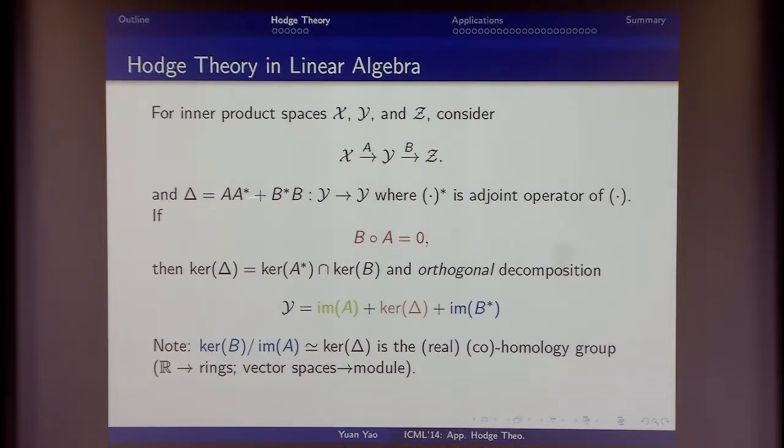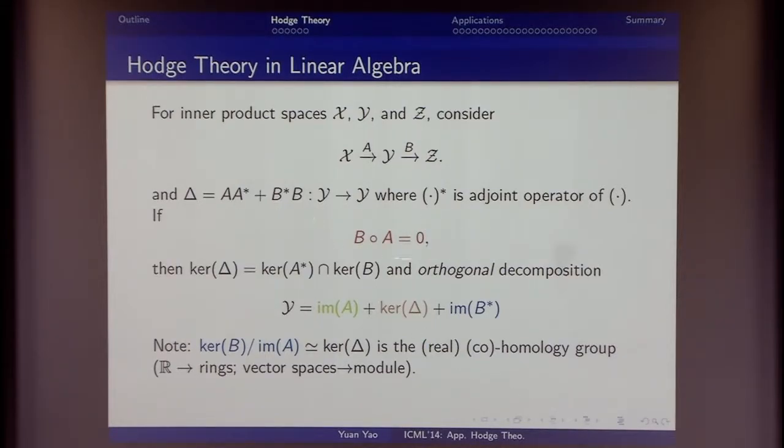And we can define a Laplacian operator like this, acting from Y to Y. Basically, you come from this direction, go through A adjoint, because for vectors in an inner product space you can always define the adjoint operator. So from A adjoint to A, and pull back in the other direction, B and B adjoint, then come back. So this kind of abstract Laplacian operator will be defined in this way.